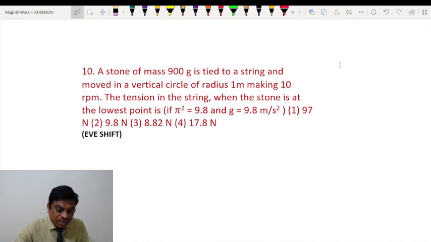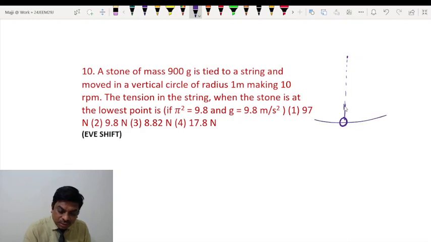A stone of mass 900 gram is tied to a string and moved in a vertical circle of radius 1 meter, making 10 rotations per minute. Find the tension in the string when the stone is at the lowest point. When the stone is at the lowest point, students, suppose its angular velocity at that instant is omega.